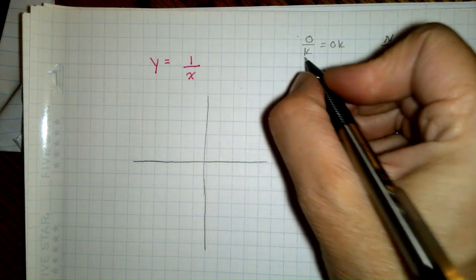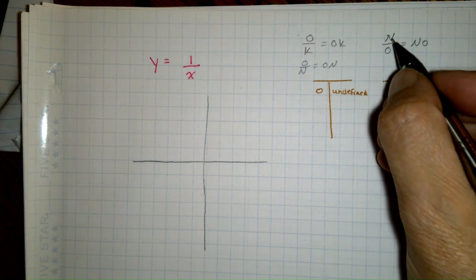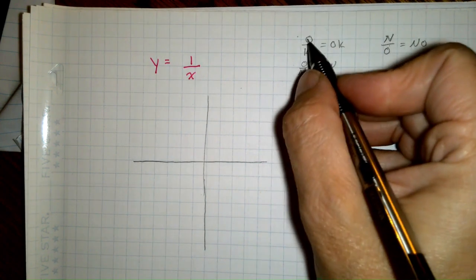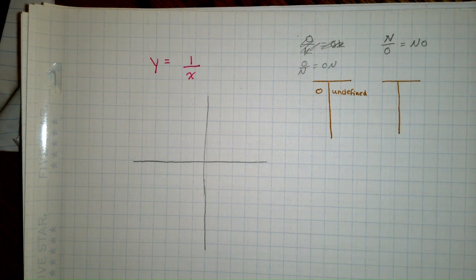Or they did 0 divided by n. That's what they did: 0 divided by n, game on. A number divided by 0 was no. They didn't use k, they used 0 and n. So 0 divided by n, game on; n divided by 0, no way. So we cannot do 0. There's a big issue at 0, and it's going to show on the graph.